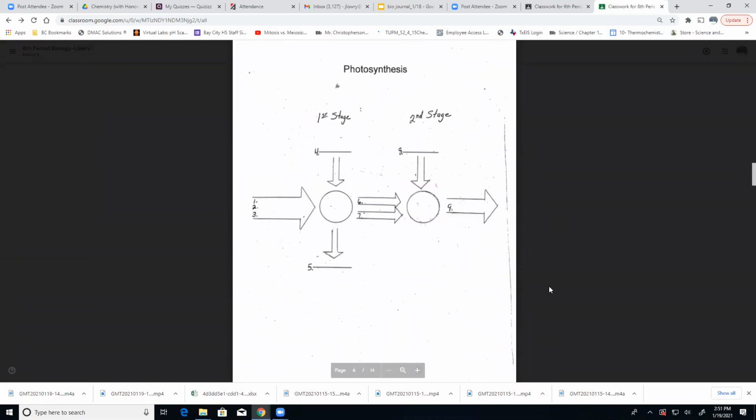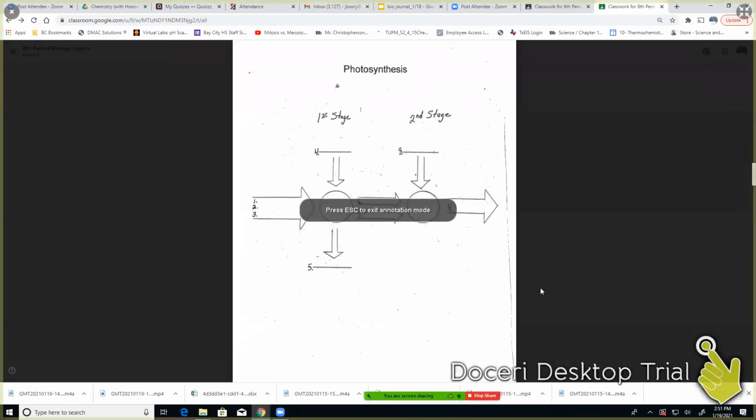All right, we're going to label this little diagram here for photosynthesis. So we kind of already talked about these in words already. So the first stage is in the thylakoid, where if you would have looked in your notes a little bit better, you would have seen that was where the chlorophyll is.